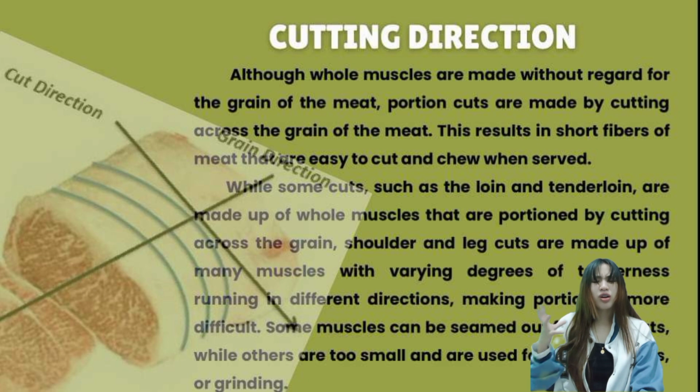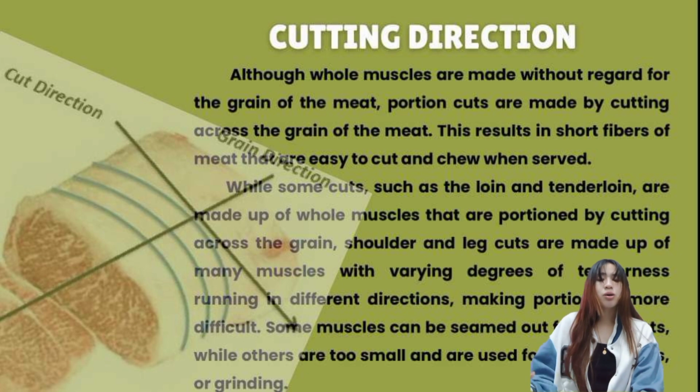While some cuts, such as the loin and tenderloin, are made up of whole muscle that is portioned by cutting across the grain, shoulder and leg cuts are made up of many muscles with varying degrees of tenderness running in different directions, making portioning more difficult. Some muscles can be seamed out for these cuts, while others are too small and are used for braising, tools, or grinding.